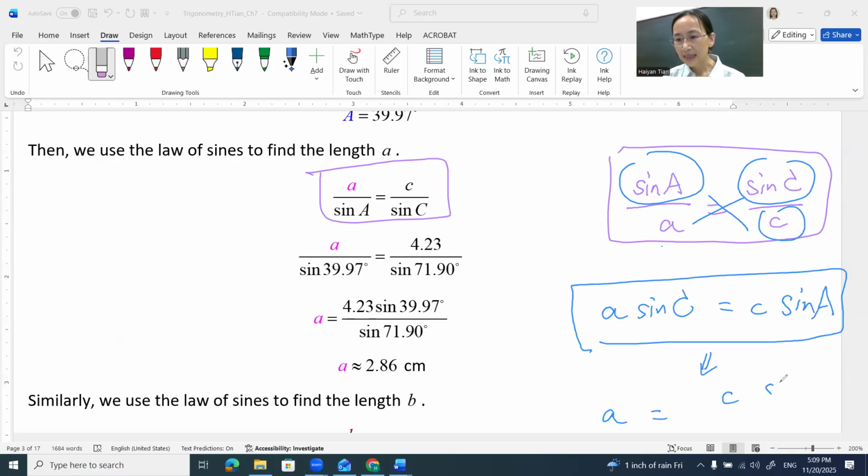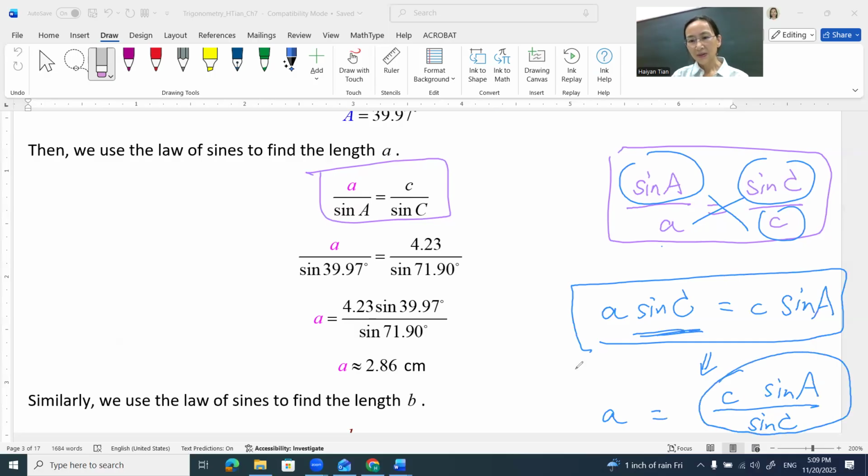So c sine A, we want to divide by sine C, so we can get A. You see it's the same thing. We still get the same A, c over sine capital C times the sine of capital A. That's the same quantity we got earlier.